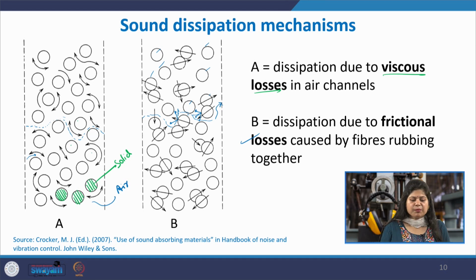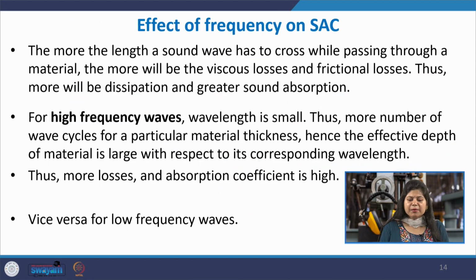In the same way, suppose we have low frequency and high frequency sound waves, which means that for these high frequency sound waves the wavelength is going to be small. So, if the material thickness is constant, the length they have to cover through the material is constant, but the high frequency waves have a small wavelength with respect to the material thickness.